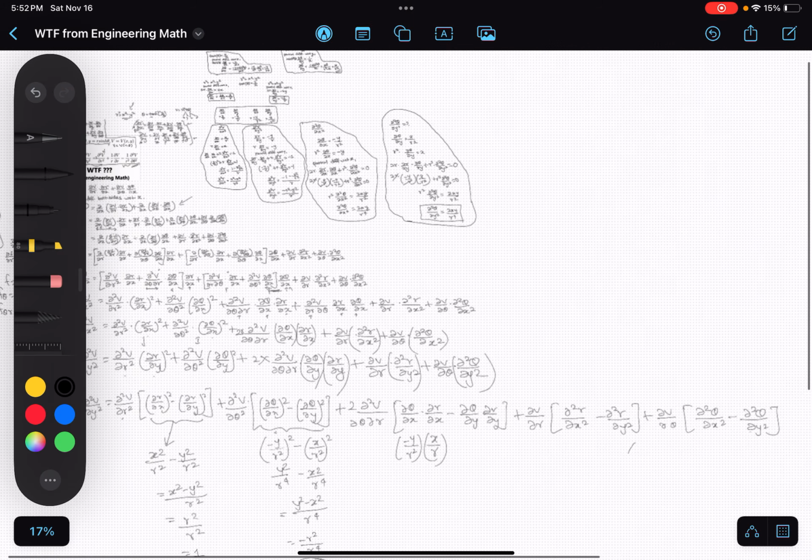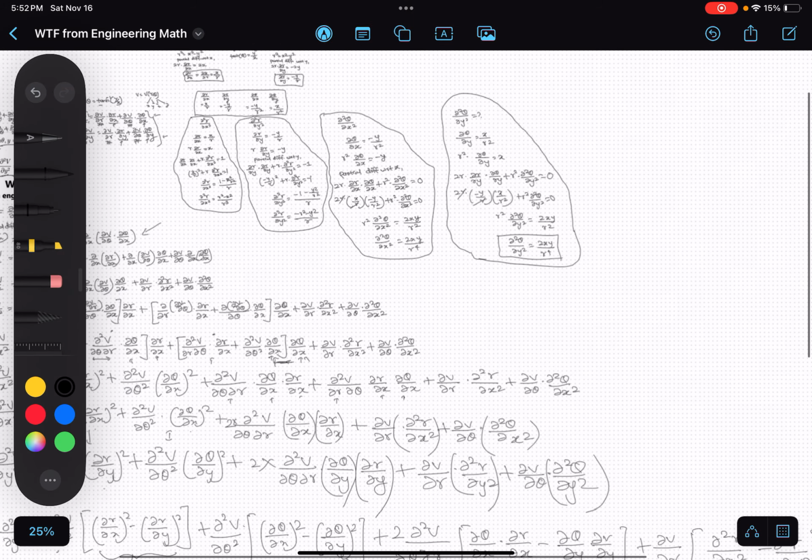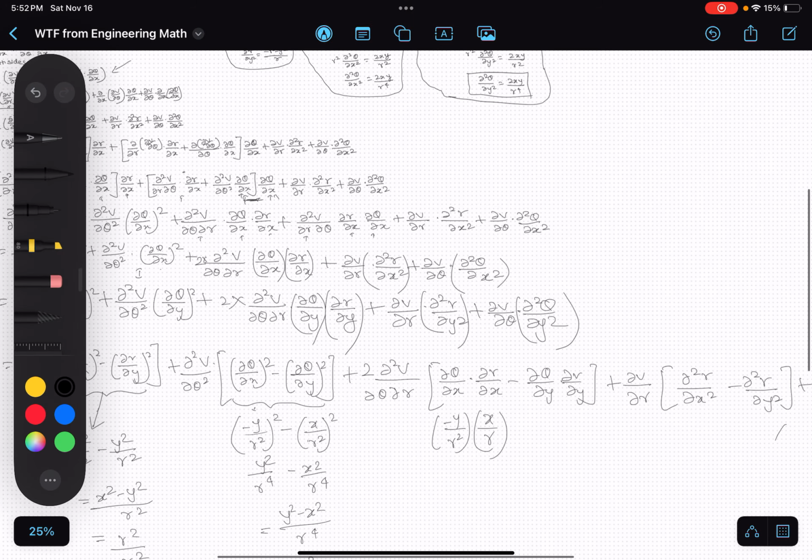Good. Now, partial theta partial y is just x by r square. And partial r partial y, that's just minus y by r.